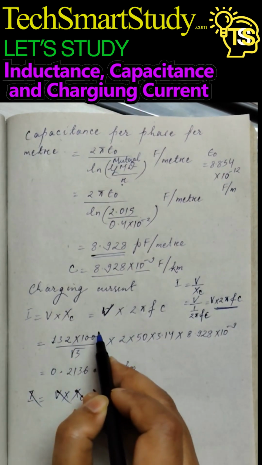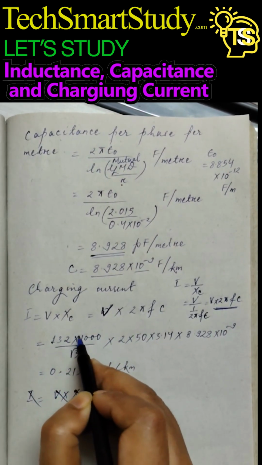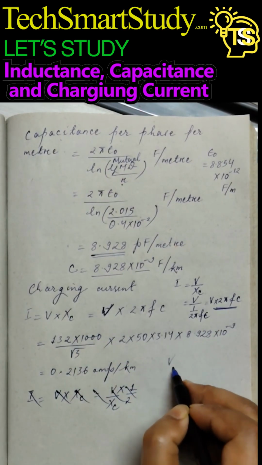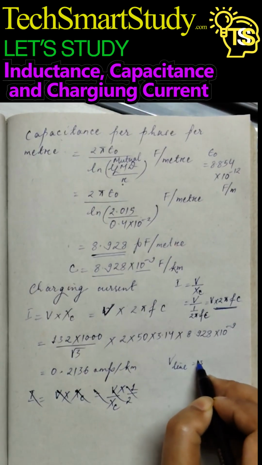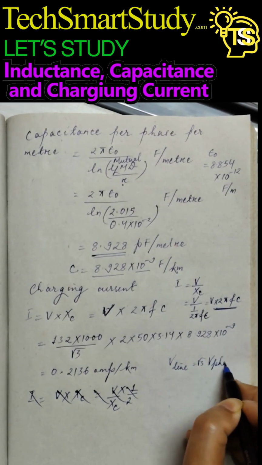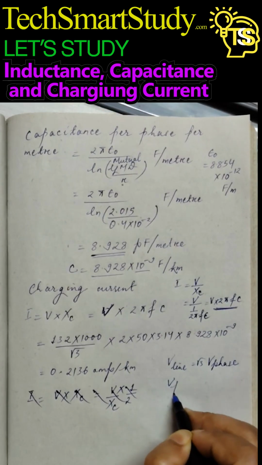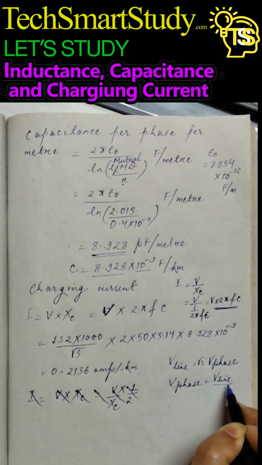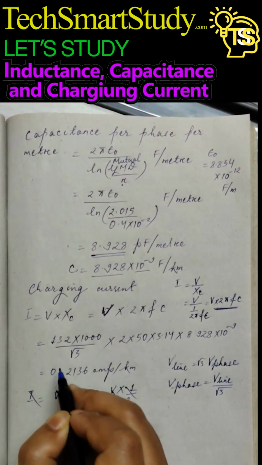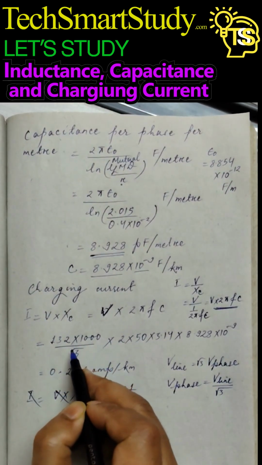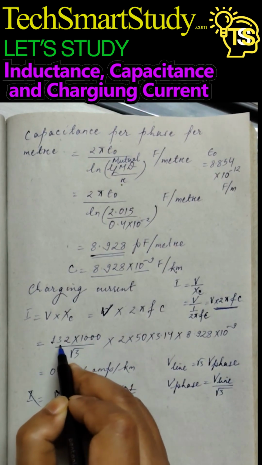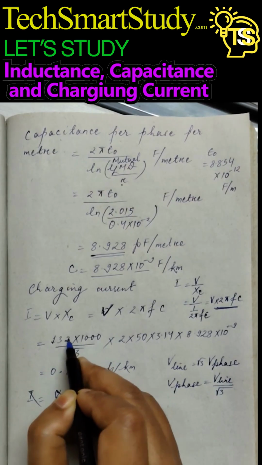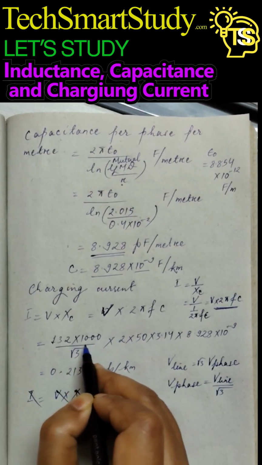So V is 132 kV. Okay, so V line is root 3 V phase, and so V phase is equal to V line by root 3. So here we have line voltage 132 kV, converted into phase voltage: 132 into 1000 volt divided by root 3.